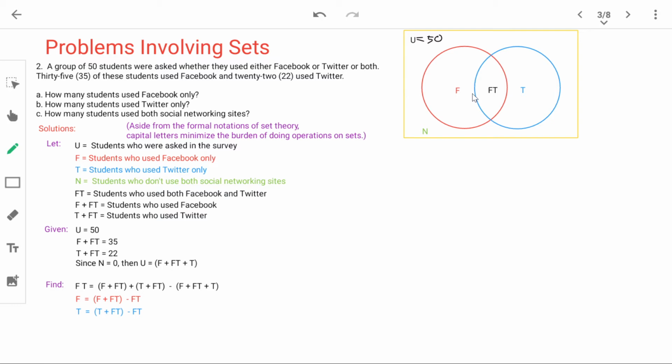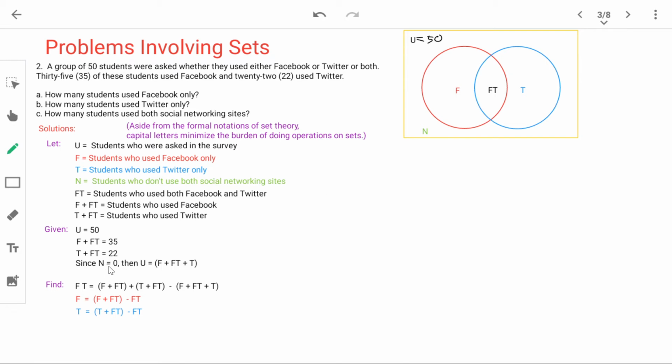Some of them use both Facebook and Twitter. And the T plus FT, within the blue circle, these are the students who use Twitter. In this portion, Twitter only. In this intersection of T, both Twitter and Facebook.